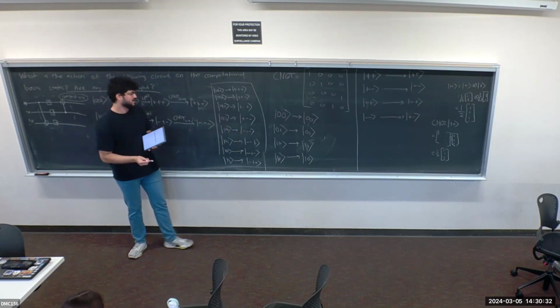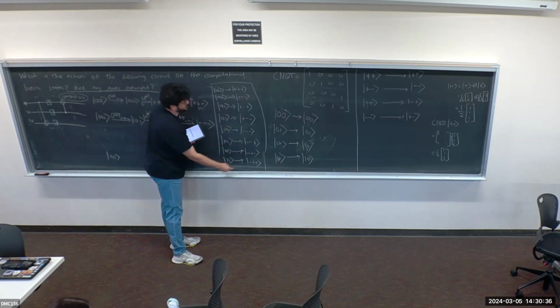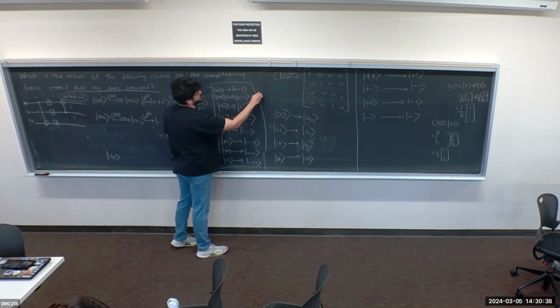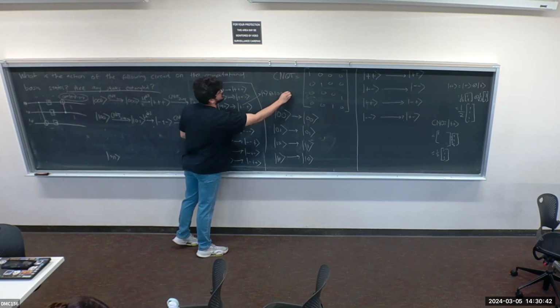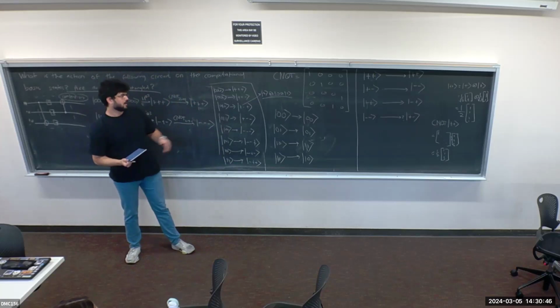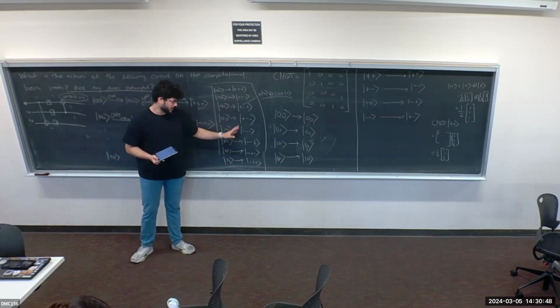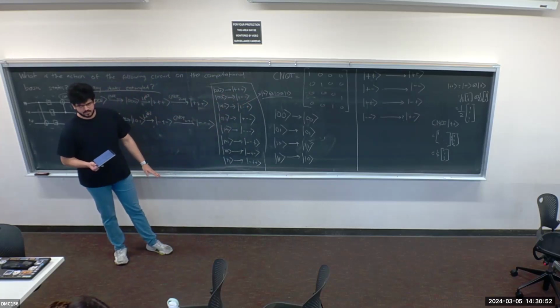Yeah, exactly. So these are already in a product form, in a tensor product form. This plus plus minus is just plus tensored with plus tensored with minus, which is by definition a product state. So if you see states like this, you can just directly conclude that it's not an entangled state.